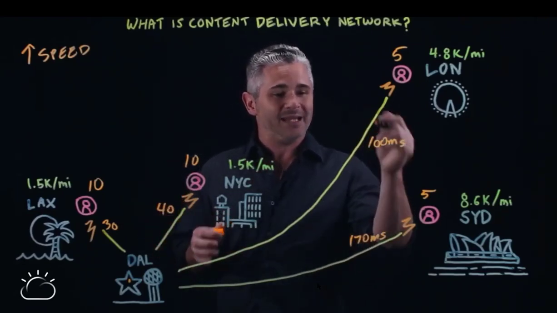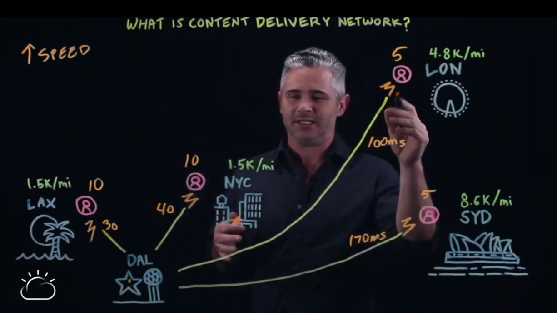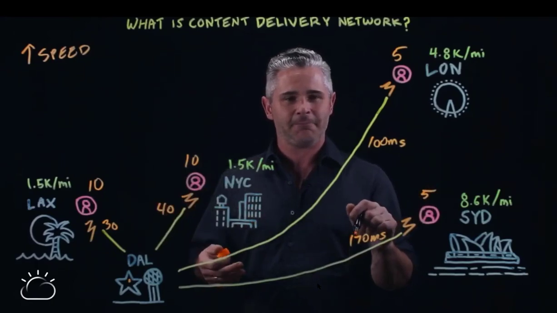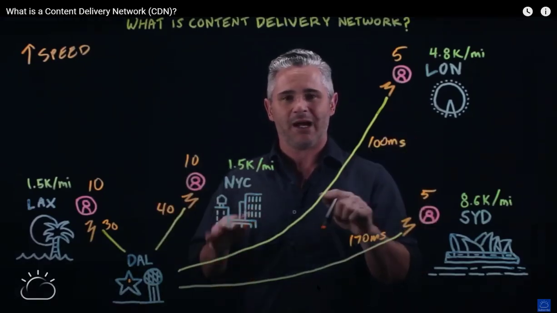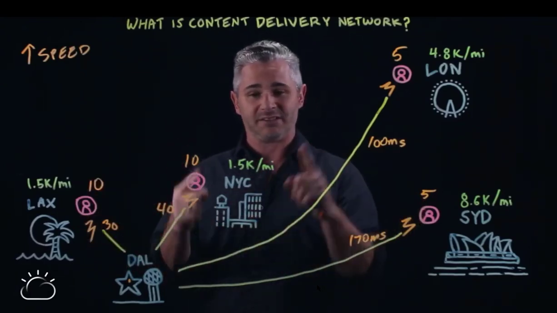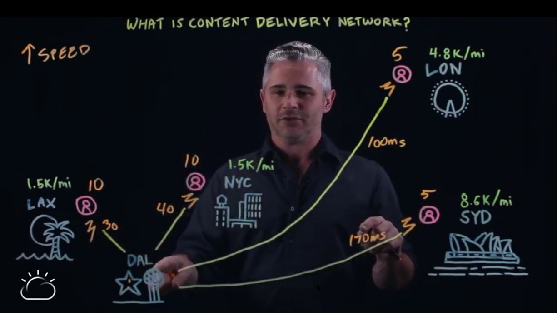So now when the user in Sydney or London or New York City or LA tries to access some content, it's first retrieved by the Content Delivery Network service and then distributed around the world. So we have a single request down to the Dallas server.